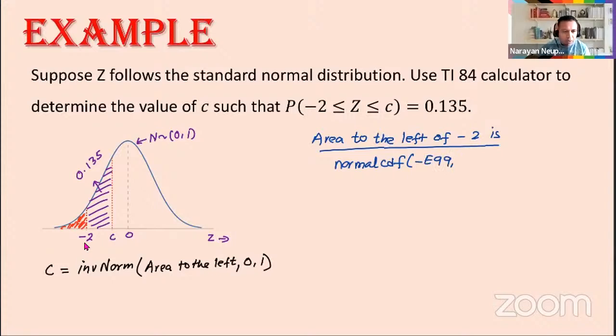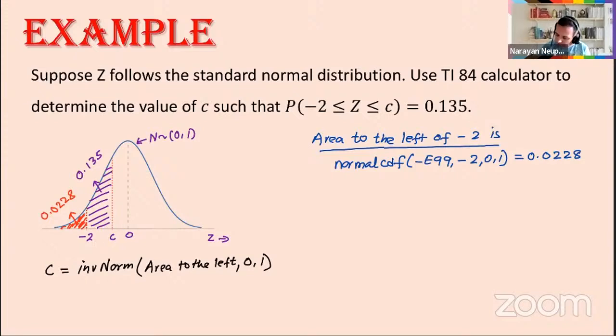The upper boundary is -2. Mean is 0. Standard deviation is 1. And if we simplify this using the calculator, you should get 0.0228. So that area in red is 0.0228.